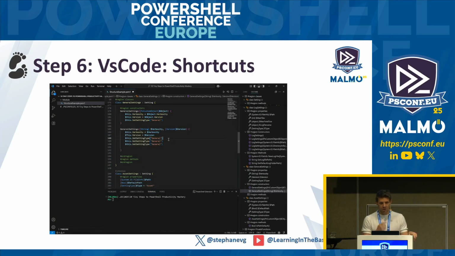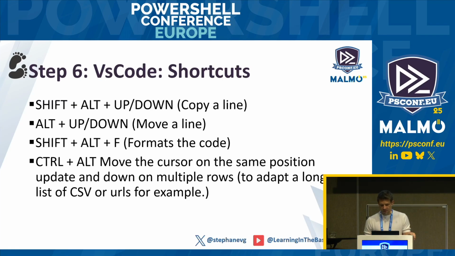I pressed enter, I didn't want to, and I made an error on three different lines. These are small little things that I really like, and I put them here for reference in the slide in case you want to come back to it. Okay, people take a picture.